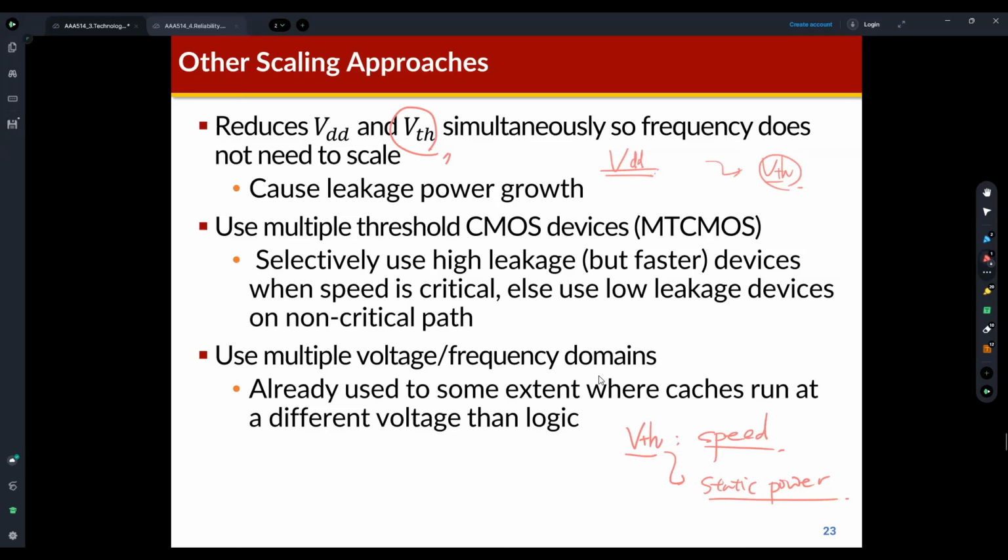It's a very critical problem. If we cannot reduce the threshold voltage, then we cannot reduce the supply voltage. So that means the benefits of CMOS scaling are nullified. So actually, this new chip will consume more power, more dynamic power.